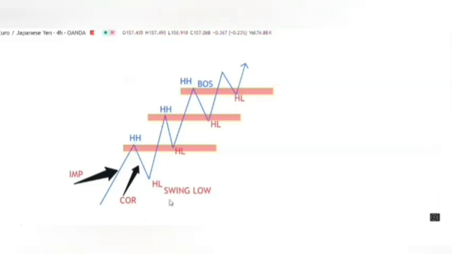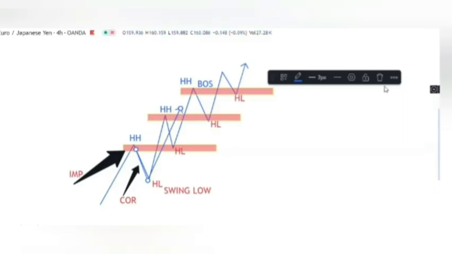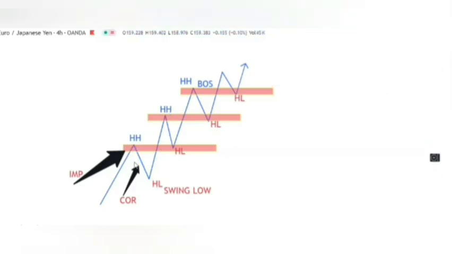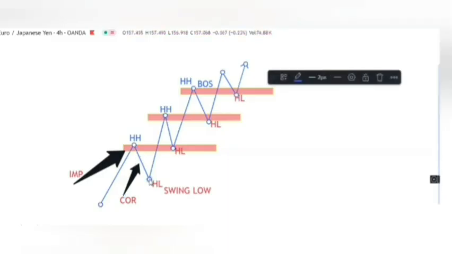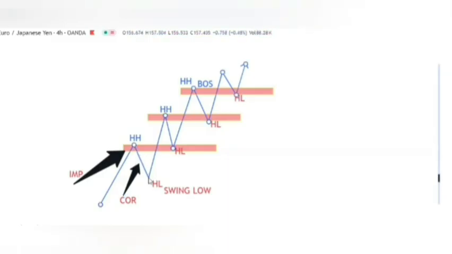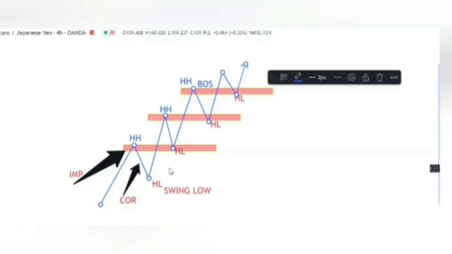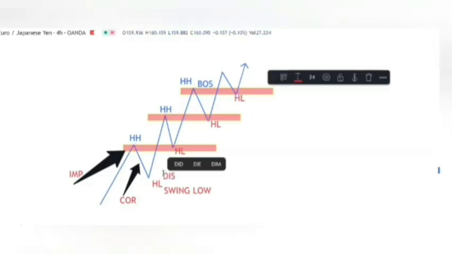It's because buyers in an uptrend are waiting for a discount after this impulse move. They are waiting for a discount before they can continue buying to the upside. So this retracement, this correction, is forming a higher low, which is also a swing low or a discount, for people to buy at a discount.